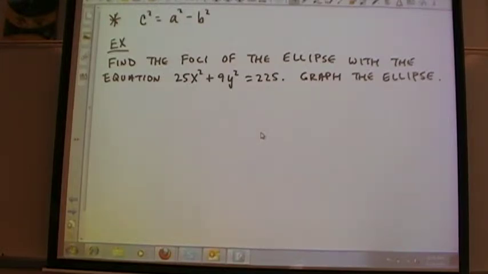Find the foci of the ellipse with the equation 25x squared plus 9y squared equals 225. Alright, so the first thing you have to do here is put it in standard form. So how do I get the right side equal to 1? Divide everything by 225.